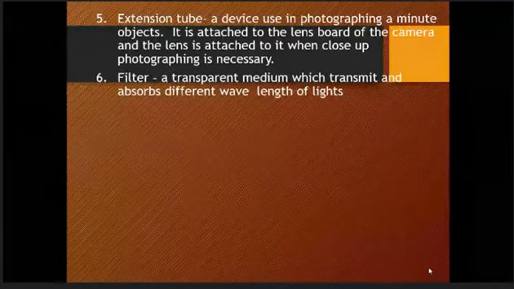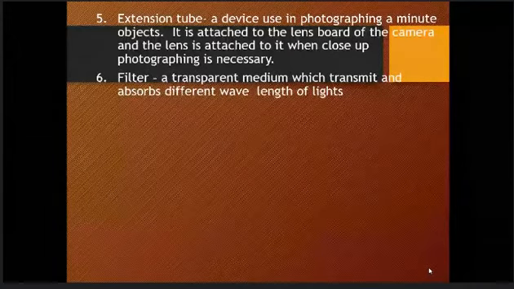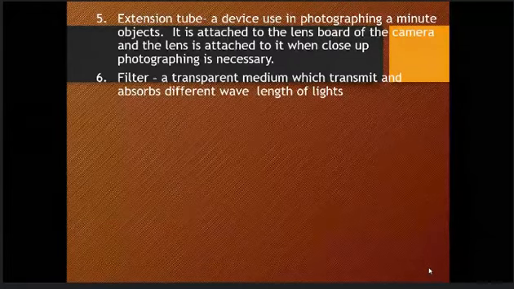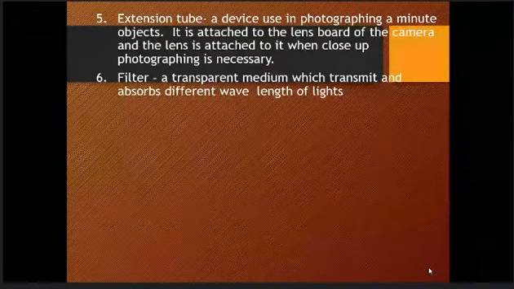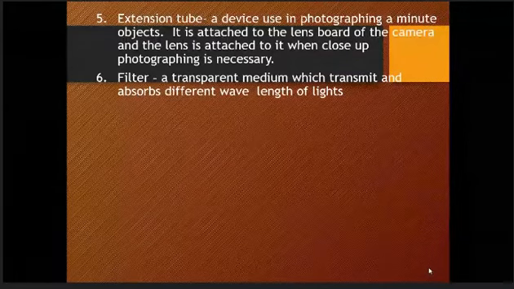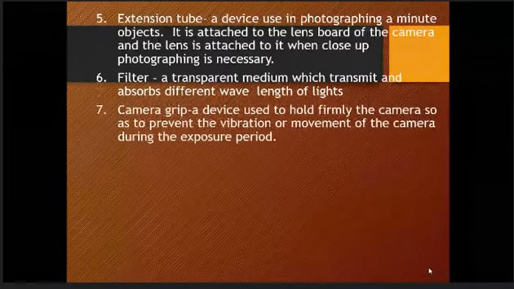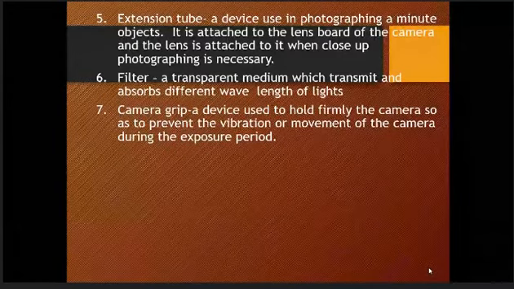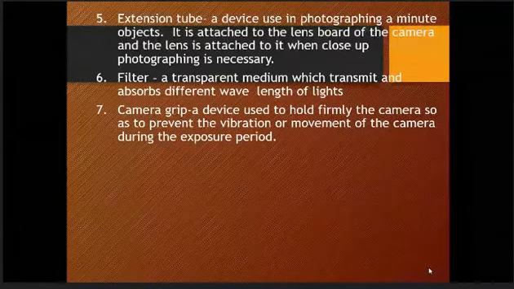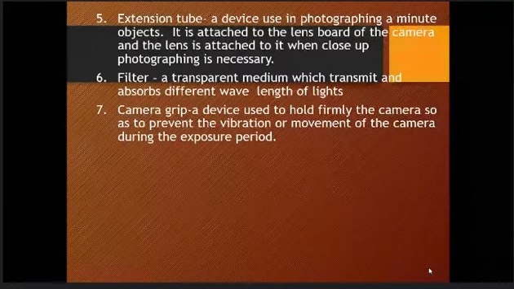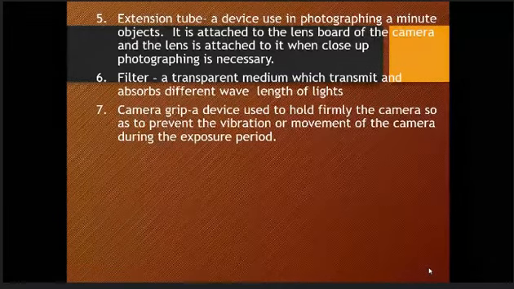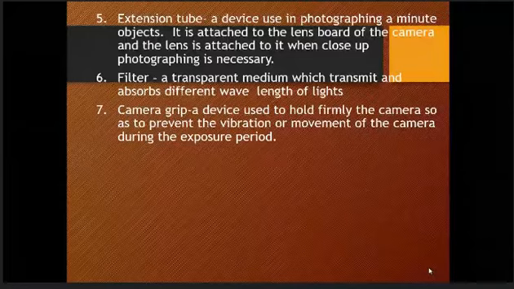Next is the filter, a transparent medium which transmits and absorbs different wavelengths of light. Next is the camera grip, a device used to hold the camera firmly so that it does not shake, so that movement of the camera during the exposure period can be avoided.